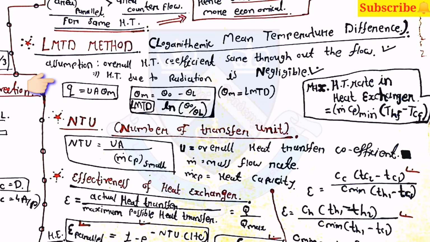Then after LMTD, which is most important for the GATE examination, the full form of LMTD is logarithmic mean temperature difference, and the equation is Q is equal to UA theta m, where theta m is equal to theta naught minus theta L upon ln of theta naught upon theta L. Then NTU is the number of transfer units, and the equation is NTU is equal to UA by m dot into Cp small.